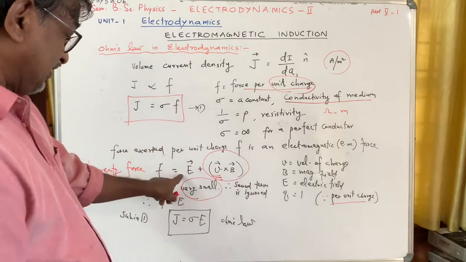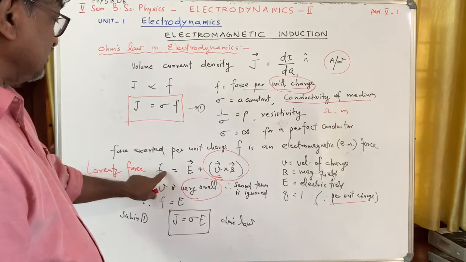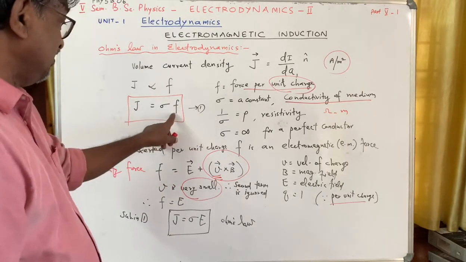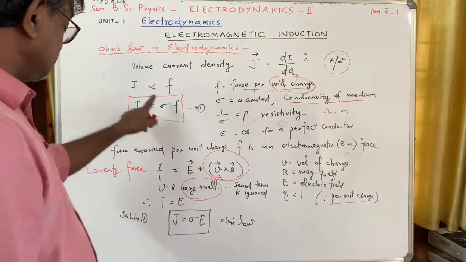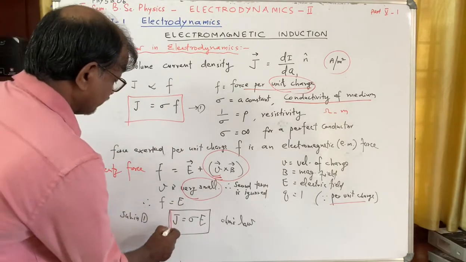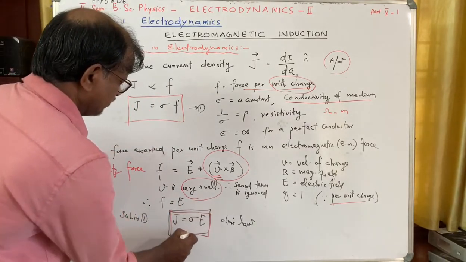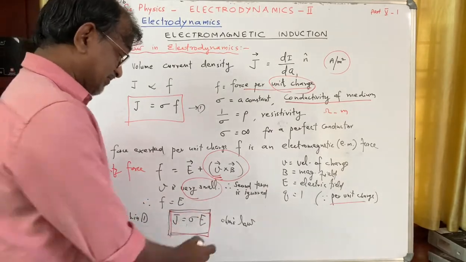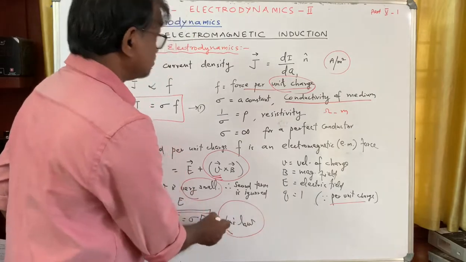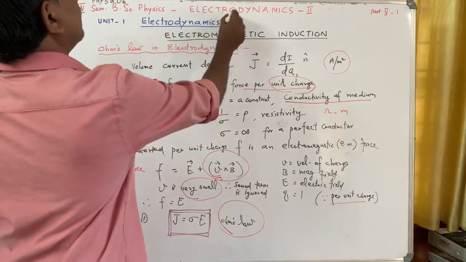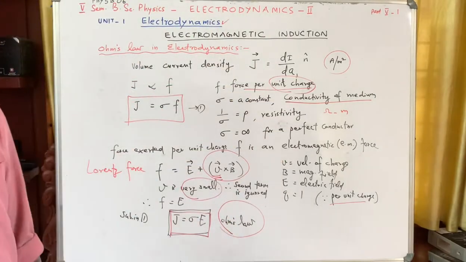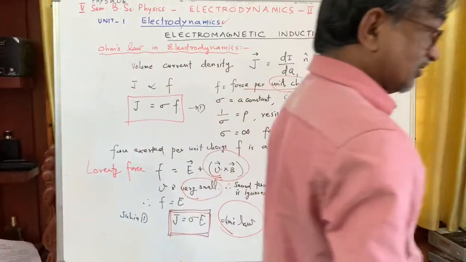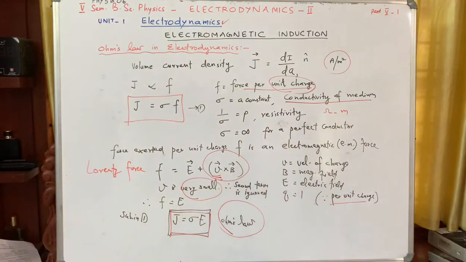So, only this term arises, which means F becomes E. So, equation 1 gives J equal to sigma E. And this equation J equal to sigma E is called the Ohm's law in electrodynamics. So, can you reproduce this?